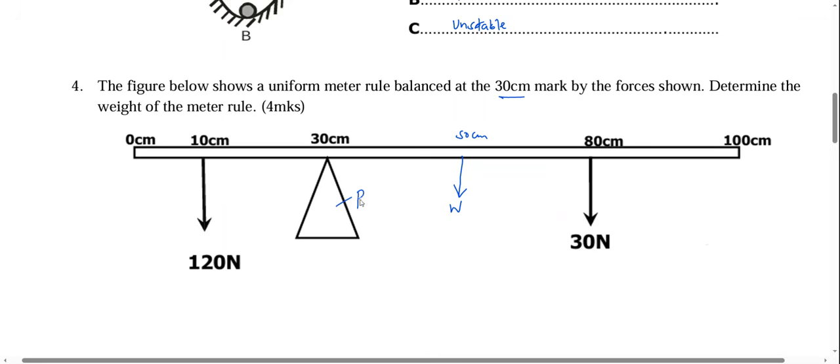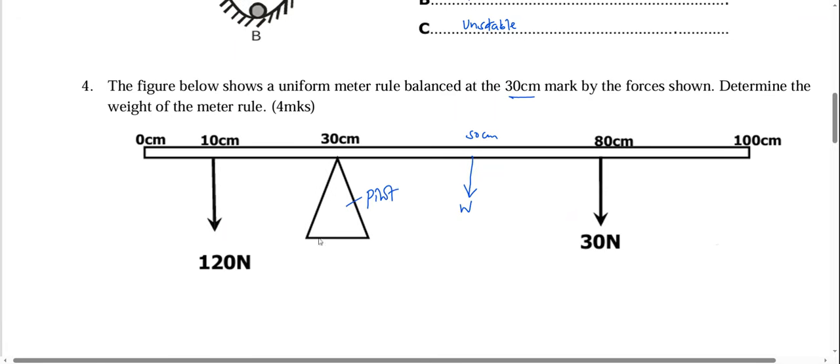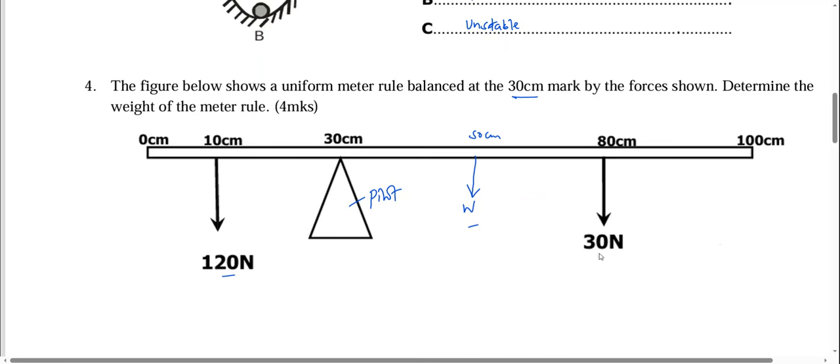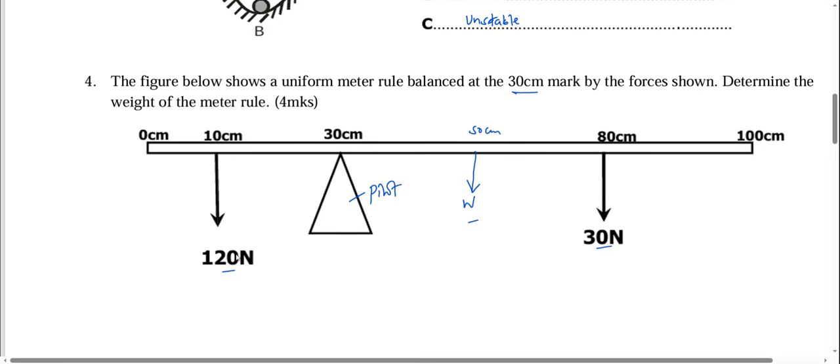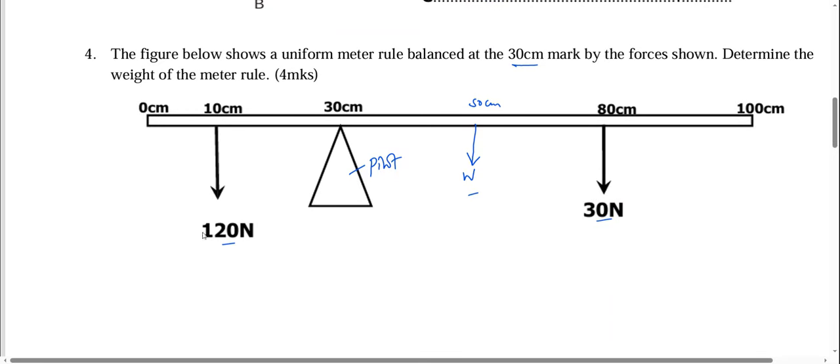This is the pivot, the turning point. Then you have got various forces here. We have got 120, we have got the weight, we have got 30 Newton. So let's get the distances. The distance for the 120 Newton from the pivot will be 30 centimeters.